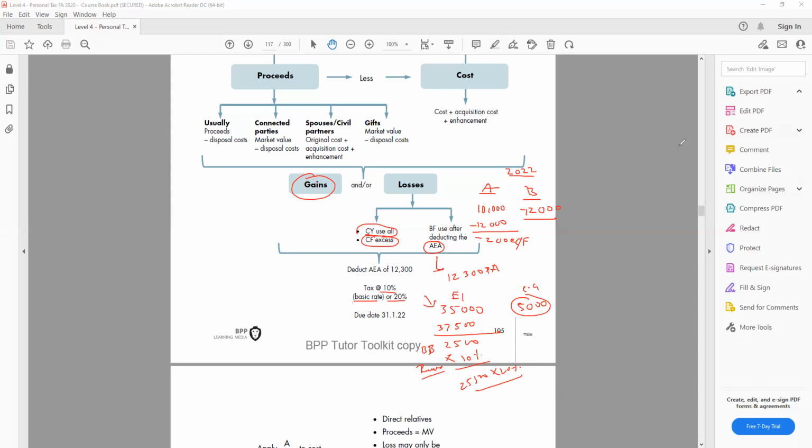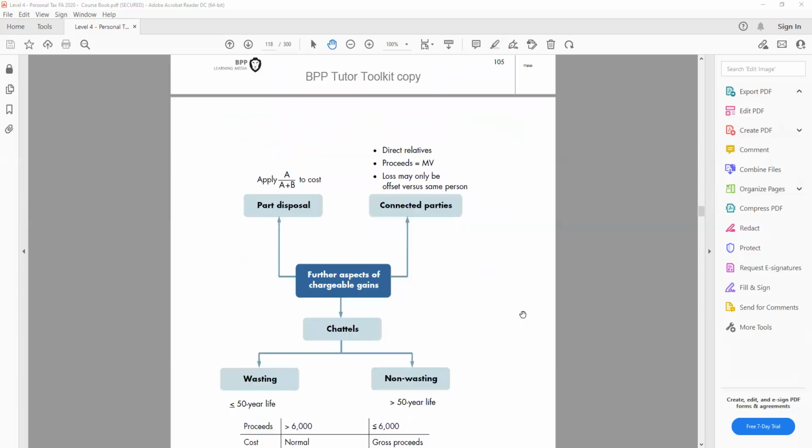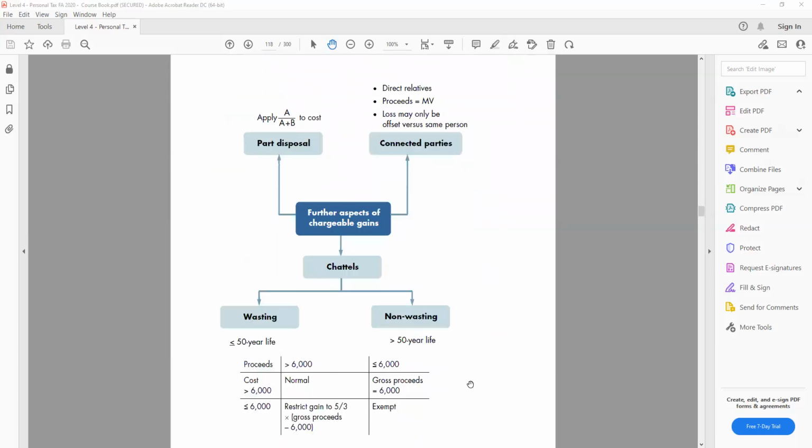All right, let's move to the next one. The next thing we have here is part disposal. Part disposal happens when you sell only part of the asset, not the full asset. This is connected parties, direct relatives, market value, we already talked about that.